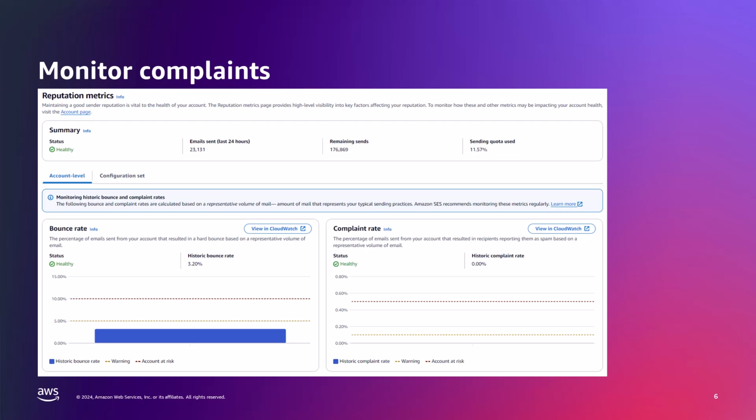If you send to a mix of Gmail recipients and recipients on other mailbox providers, the spam complaint rates reported by Gmail Postmaster Tools are a good indicator of your spam complaint rates at mailbox providers who do not let you view their spam complaint metrics. Amazon SES recommends customers monitor reputation metrics and stay below a 0.1% complaint rate.